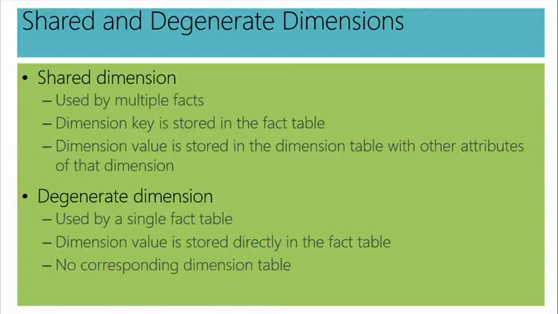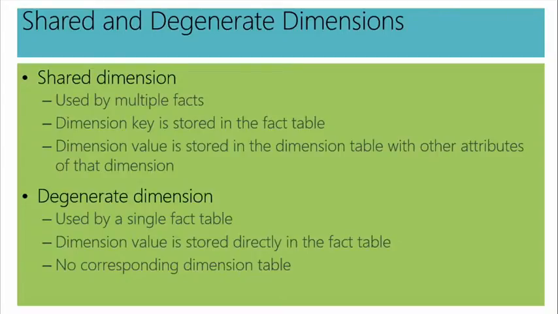A degenerate dimension is one where the attribute that you're interested in really is a very specifically used attribute. It only applies to a single thing and doesn't make sense to be having its own dimension table, its own key.